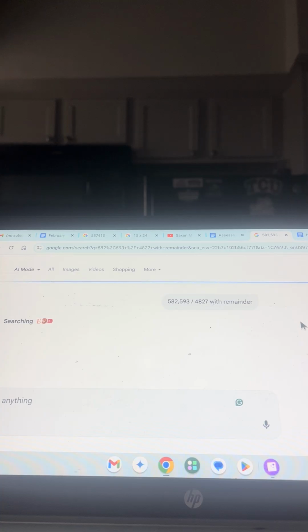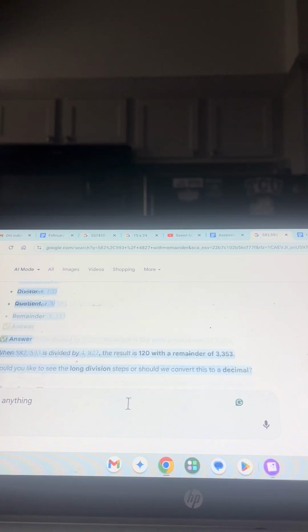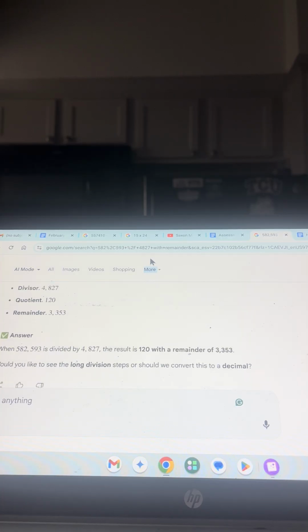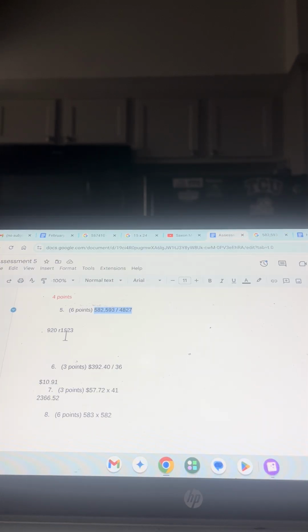Let's see what you got. It's taking a while to load. Okay, what'd you get? Let's see what the answer is. 120 with a remainder of 3,353. What'd you get? You got 920 with the remainder of 1623.